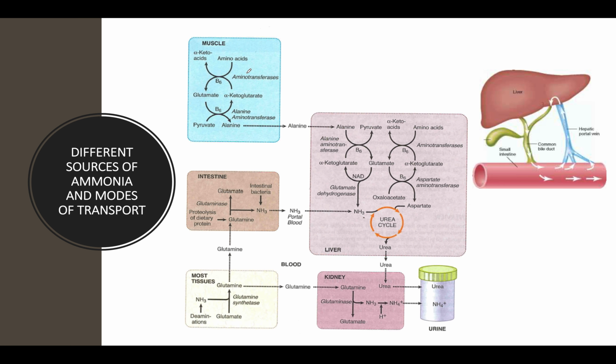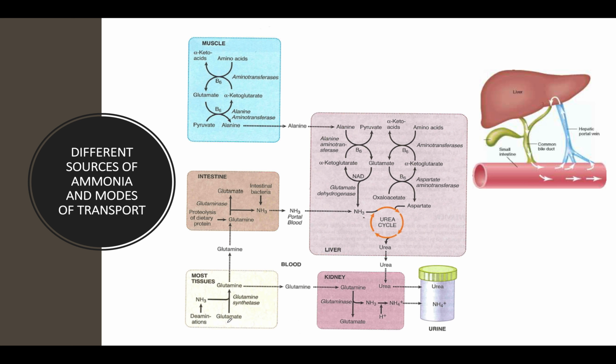Now we come to this figure. I will request you to take a printout of this figure. This figure actually summarizes the process of transport of nitrogen inside the physiological environment. We start from this particular part of the slide.